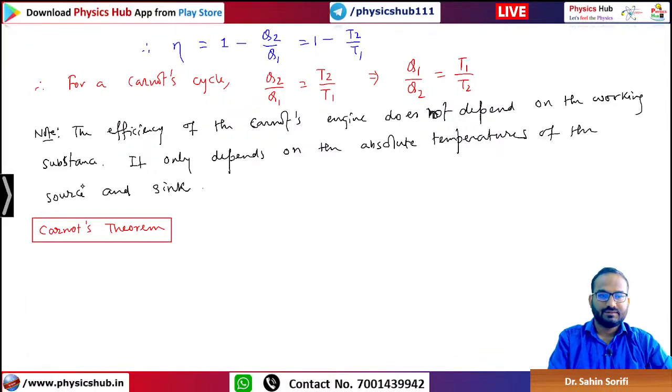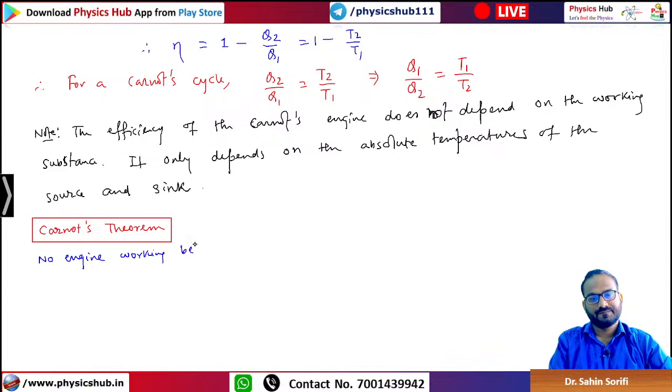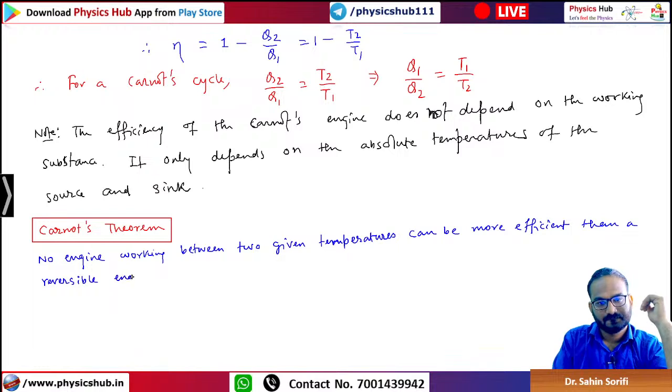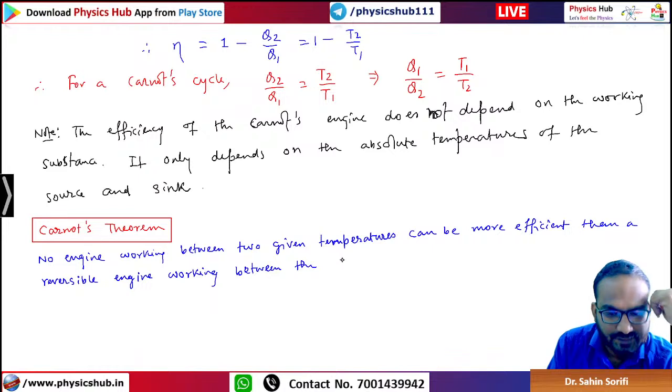So you can write this Carnot's theorem. It is given by: no engine working between two given temperatures can be more efficient than a reversible engine working between the same two temperatures.